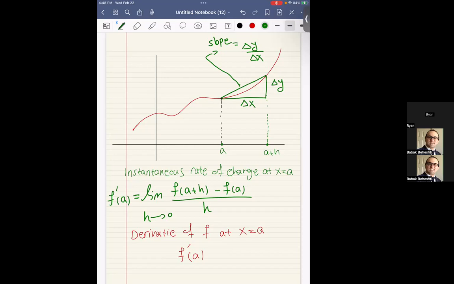The second comment is that this limit that you see here, this quotient, is a 0/0 limit. So this is an indeterminate limit always of the type 0/0. So you have to work on it in order to compute it.